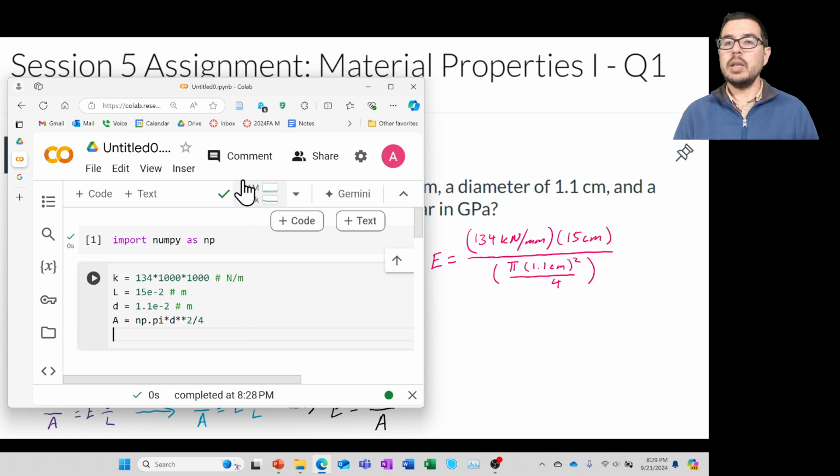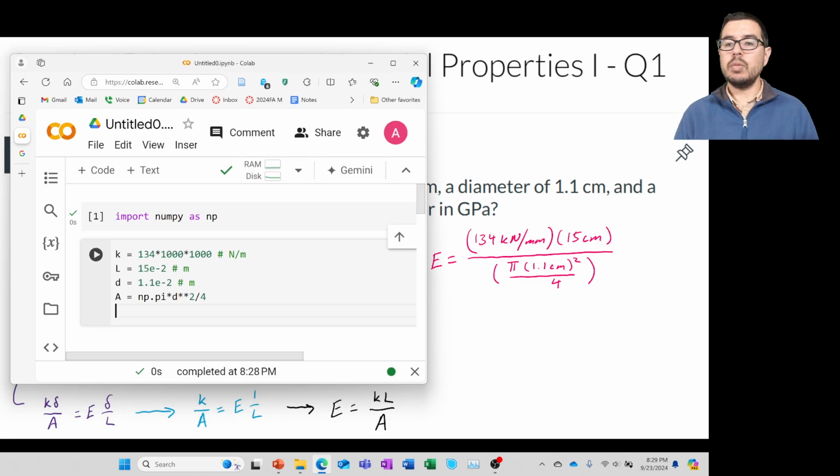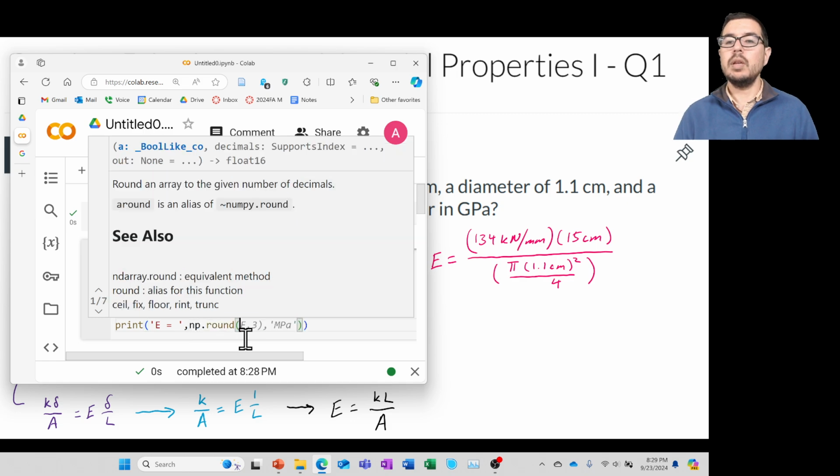And the elastic modulus, if we look below, right there, it's KL over A. So E is equal to K times L divided by A. And we'll go ahead and print it out. So we have print E equals, and we'll do np dot round of E, which we've calculated, to 1 decimal place.